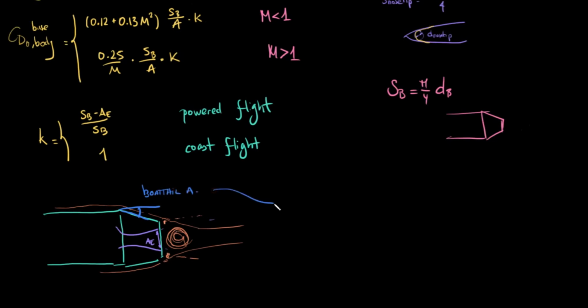This boat tail angle, rule of thumb, it always has to be below 8 degrees. If you have higher than 8 degrees, the flow can detach, and it can be worse.